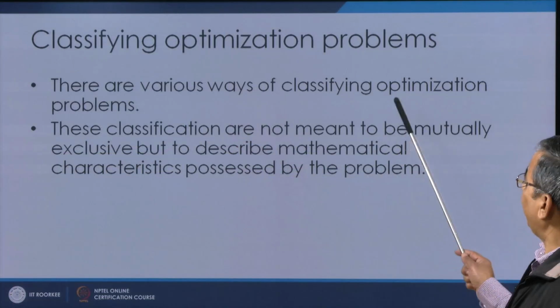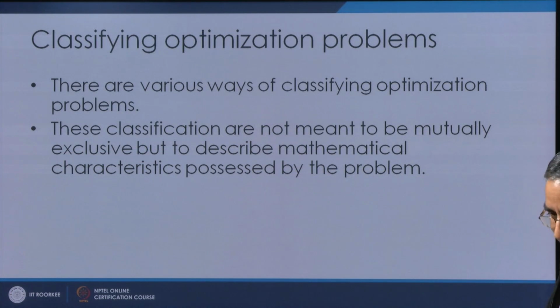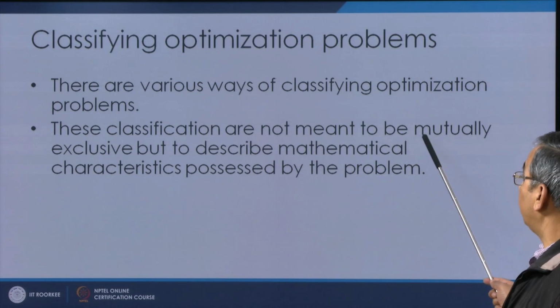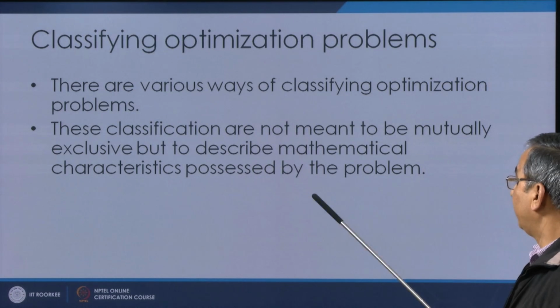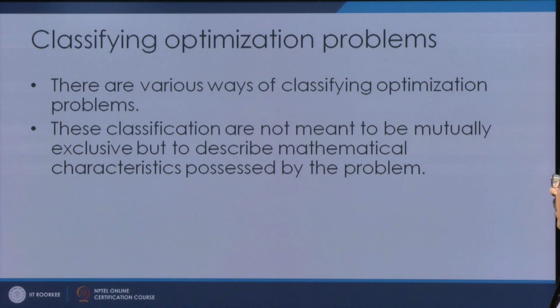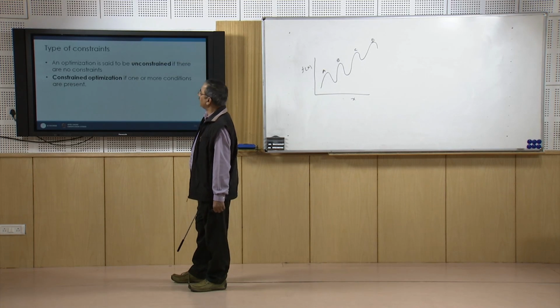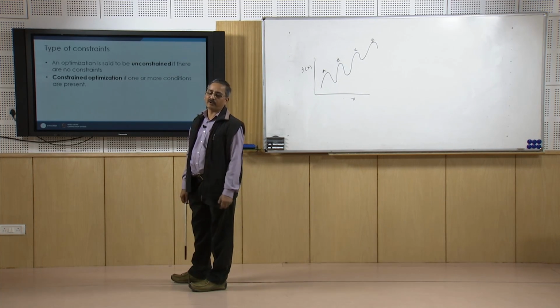There are various ways of classifying the optimization problem. These classifications are not meant to be mutually exclusive, but to describe the mathematical characteristics possessed by the problems. The first classification is based on the type of constraints.